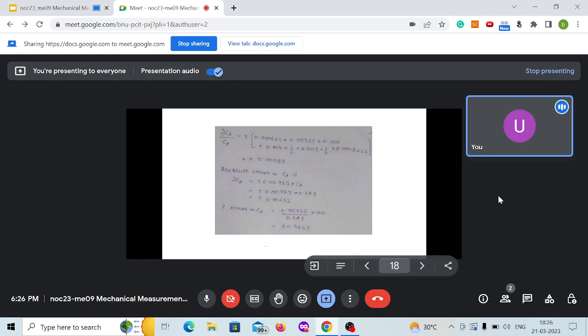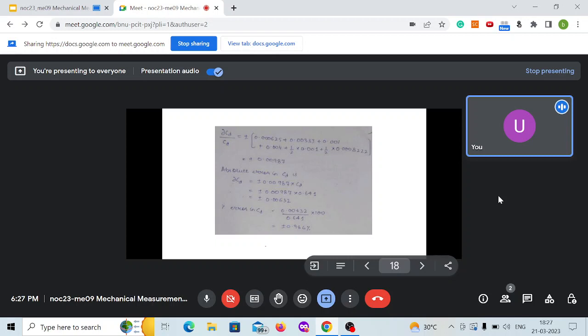So the absolute error is this multiplied with the discharge coefficient, 0.641. If you multiply 0.00987 into CD, you will get plus or minus 0.00632. So the uncertainty in the discharge coefficient is 0.00632.